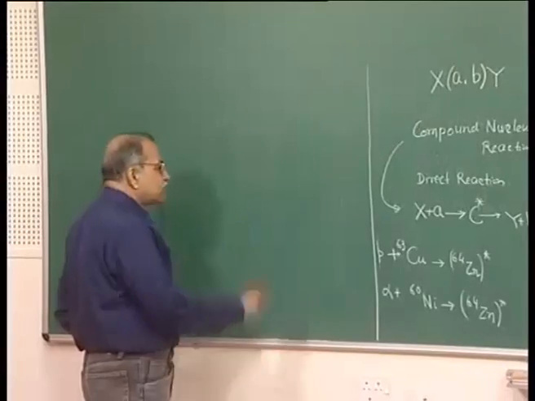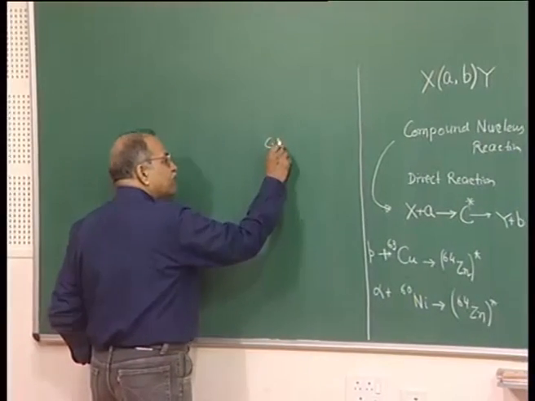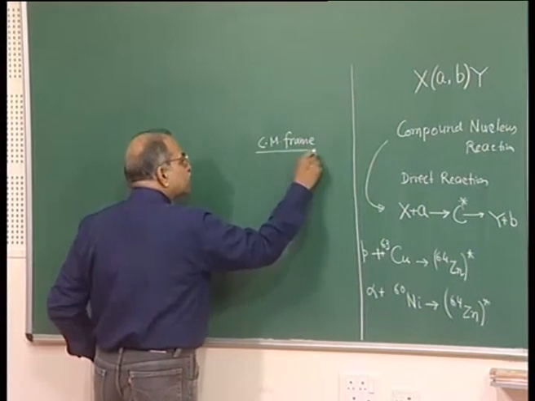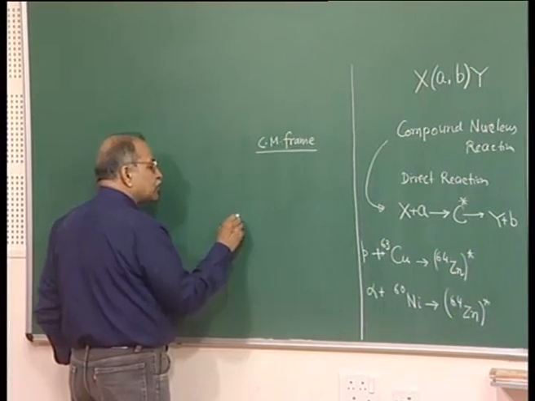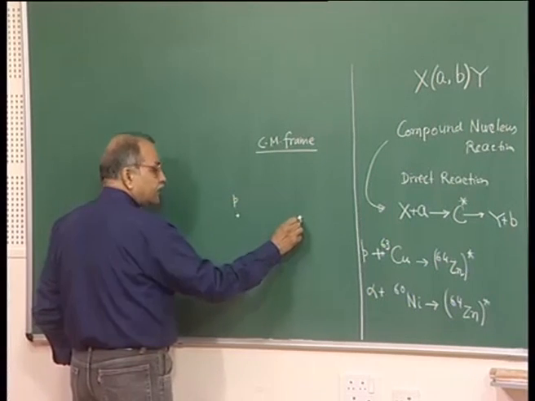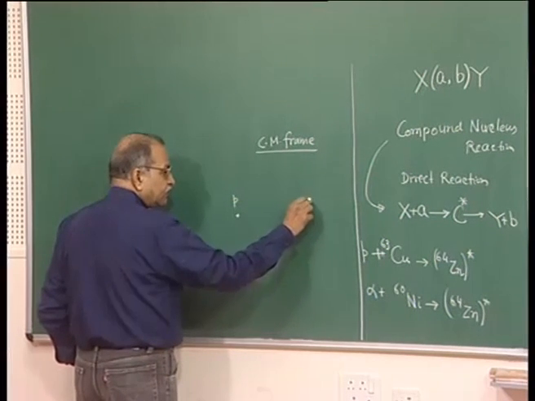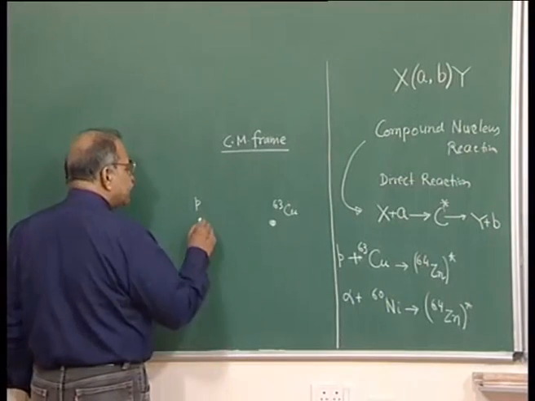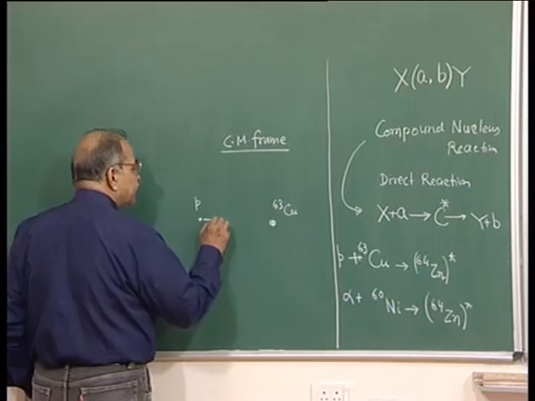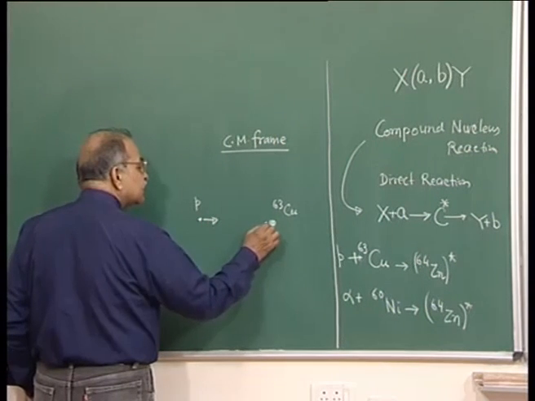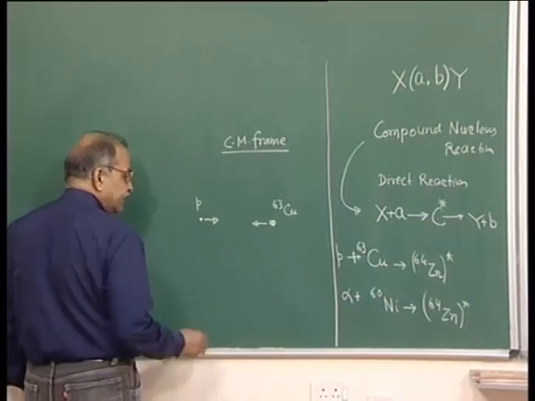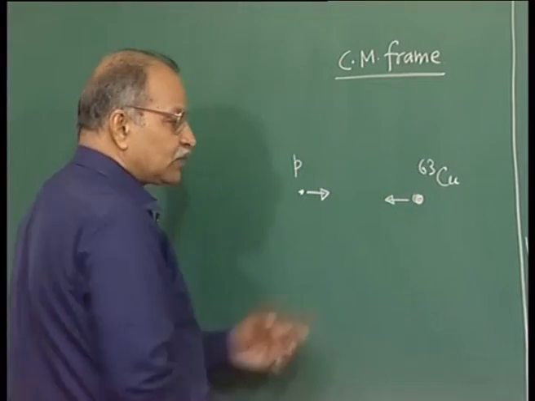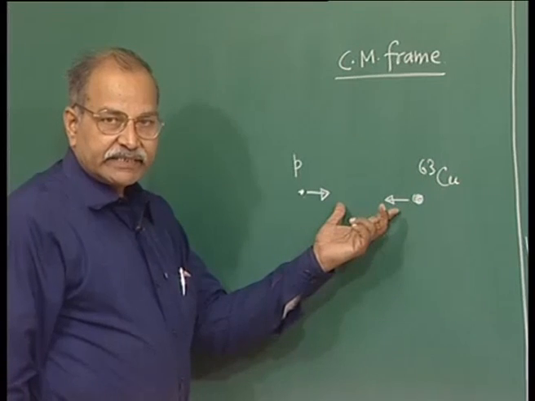So, let me talk in terms of the center of mass frame, easy to do. In the center of mass frame, suppose you have a proton here and this 63 copper here. Now, in the center of mass frame, the total momentum should be 0. So, if the proton is going in this direction, the copper will be going in the opposite direction, and the magnitude of the momentum will be the same, so that the total momentum is 0.